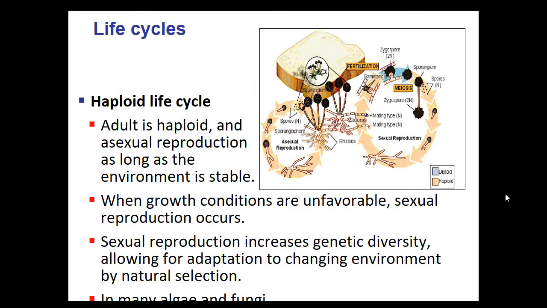If the environment's changing, then the organisms have to change as well to adapt. So it might be a good thing to switch to sexual reproduction, so there would be more genetic variation from generation to generation, so that at least some of those individuals in the next generation might be better adapted to the changing conditions.